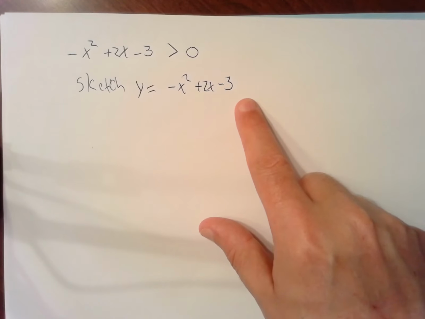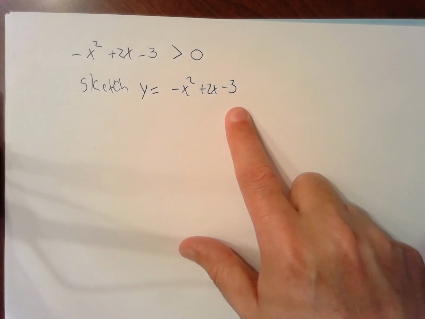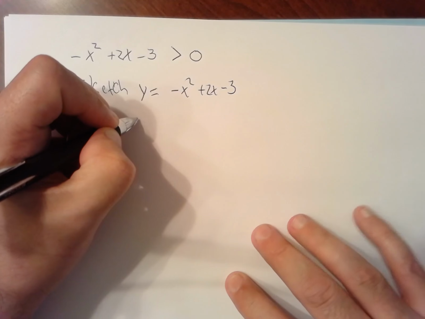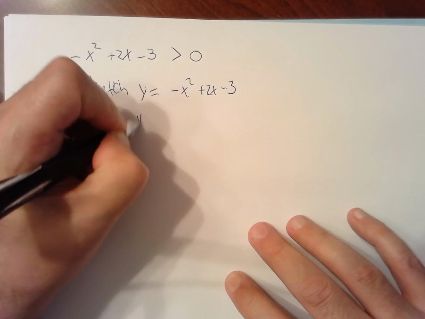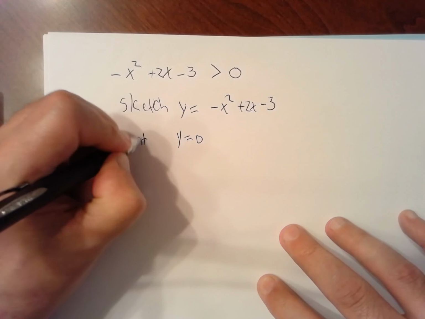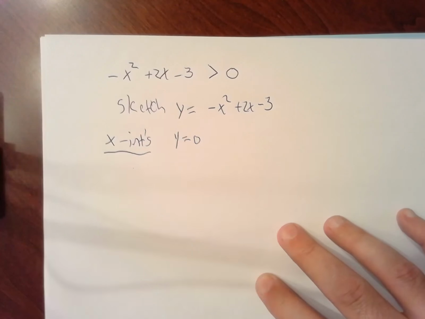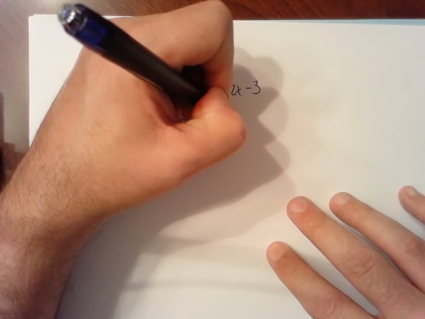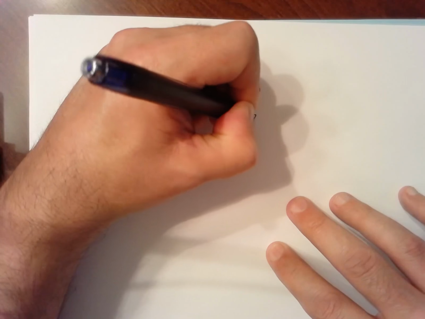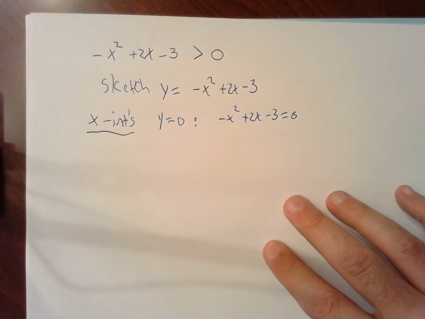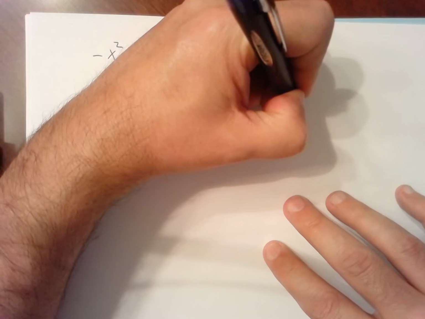This guy here, you should be really good at graphing quadratics. If we wanted to find the x-intercepts, we would say y equals 0 for x-intercepts, because that's really the only thing we care about here. And we get negative x squared plus 2x minus 3 equals 0.